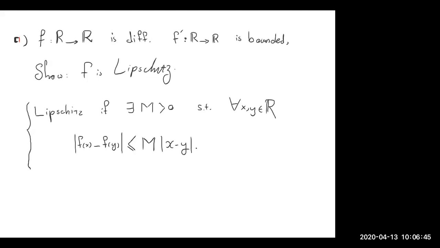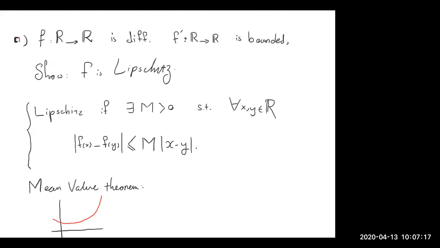Okay, so let me write down the answer. The idea is to use the mean value theorem. The mean value theorem says whenever we have a function f which is differentiable, we can look at its graph. Say f looks like this.